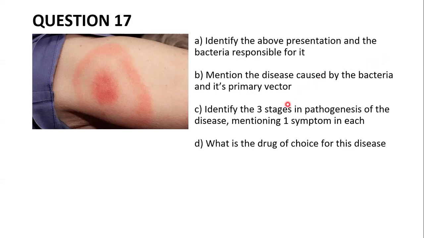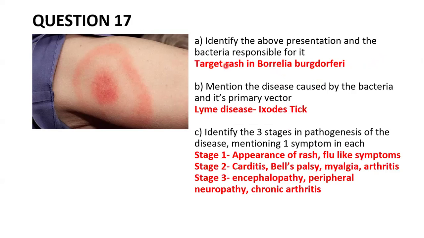Okay. Now let's see. Target rash in Borrelia burgdorferi. You can also say bullseye rash or bullseye appearance rash. Then Lyme disease, Ixodes tick. You can just mention tick. Then for the stages, if you can remember, there were different stages in the appearance of Lyme disease.